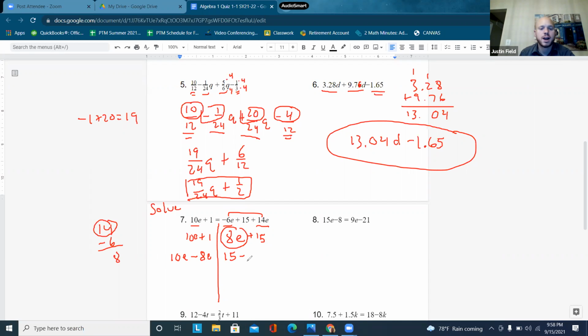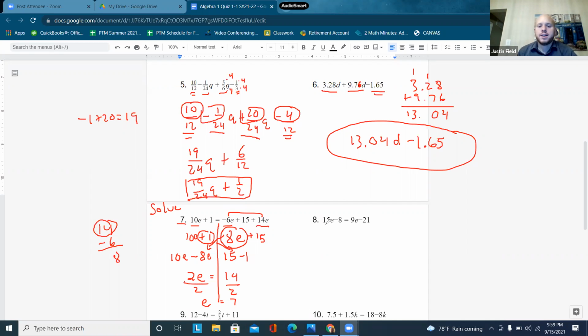So that's going to be -1. Right? See, the +1 changes to -1, and the 8e changes to -8e. 10 minus 8 is 2. 15 minus 1 is 14. And what do we do now? We divide by 2. e equals 7. Imagine that. Number 7 and the answer is 7. It won't always work that way.